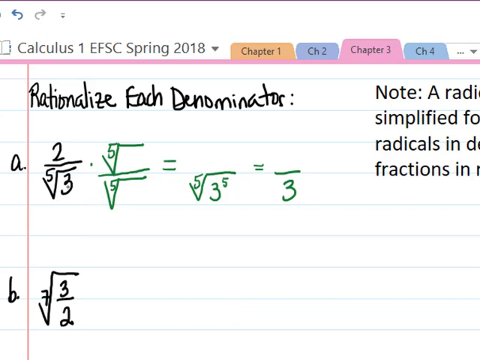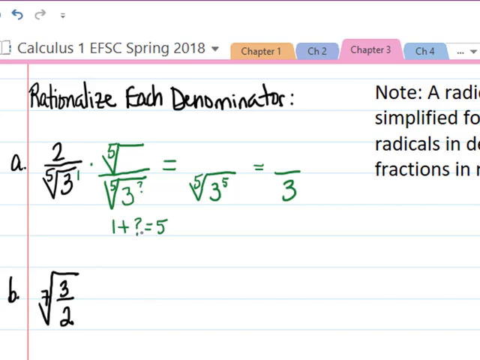So we know that we're going to multiply the 5th root of 3 by the 5th root of 3 to some power. Now remember, the 5th root of 3 is really the 5th root of 3 to the 1st power. Even though it's not written, there is a power of 1 there. And when you multiply like bases, you add the exponents. So we're looking for a power of 3 such that 1 plus that power is equal to 5.